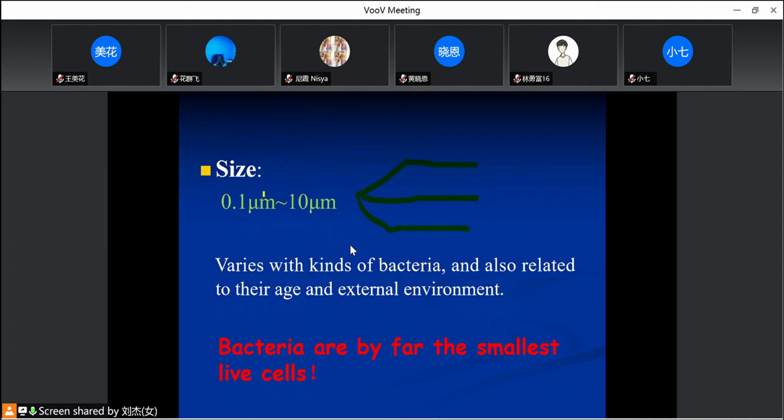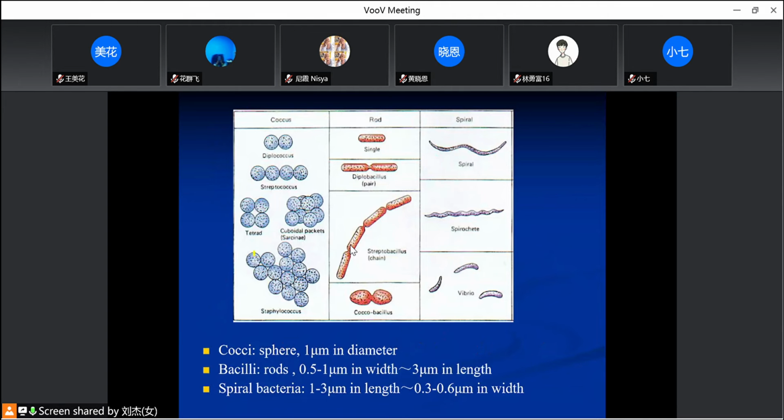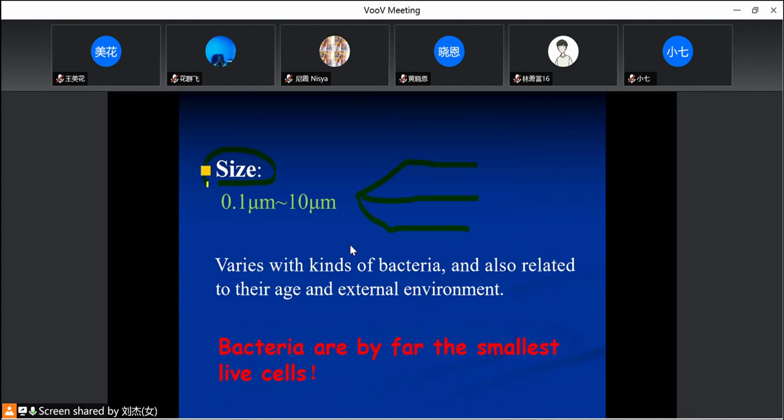This is size, right? And here, this is the shape of the bacteria. You can see that some of the bacteria are single, but some of them form a chain connected together. When it forms a chain, something like a long thread, a long rope, then of course the size will change a little bit. It will be much longer, right?